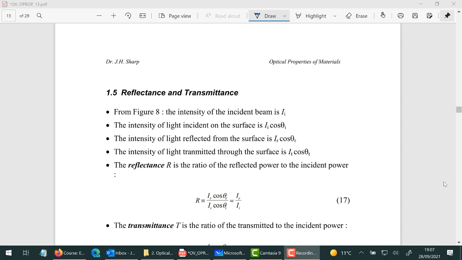So we instead measure intensity. We measure not the amplitude, but the intensity.